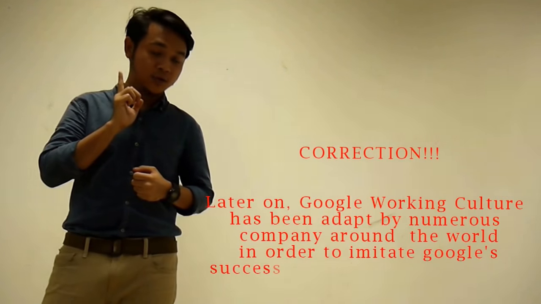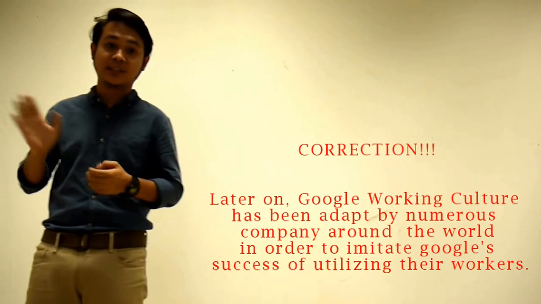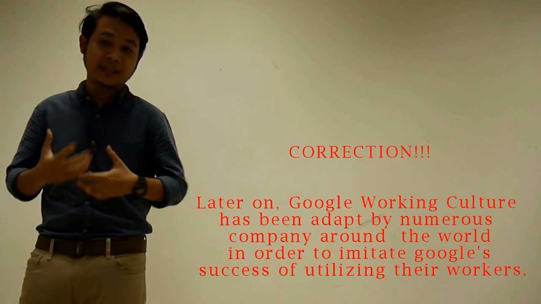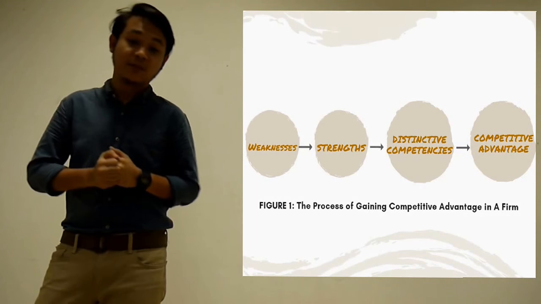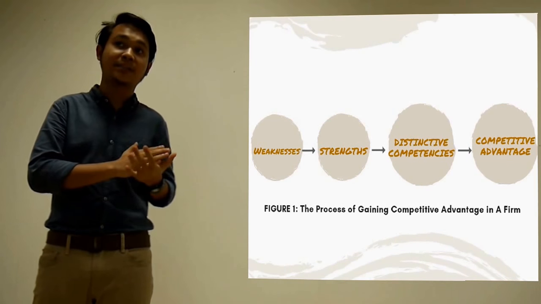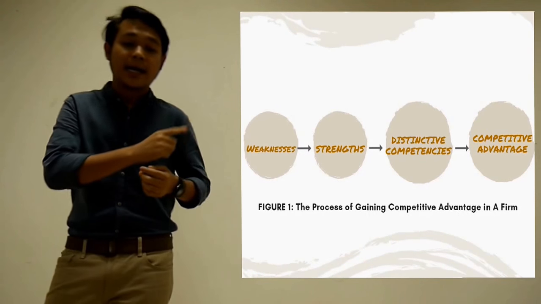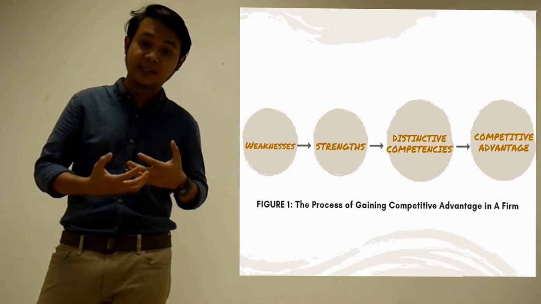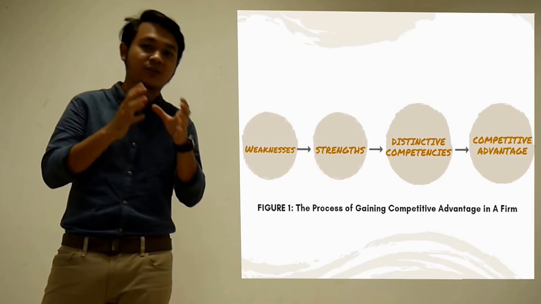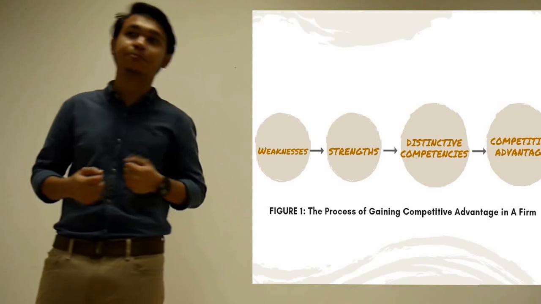So that is a distinctive competency for Google, which doesn't exist in any other companies, as we can see. So moving on to the process of gaining the competitive advantage in the firms. It starts with searching for the weaknesses, and then the strengths, and then we can build up the distinctive competency, and from that, taking advantage of distinctive competency will give a competitive advantage for our company.